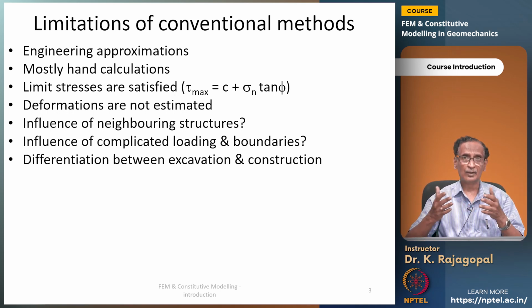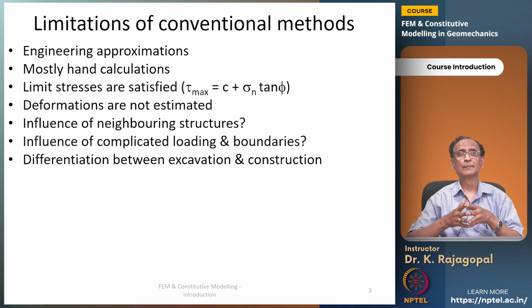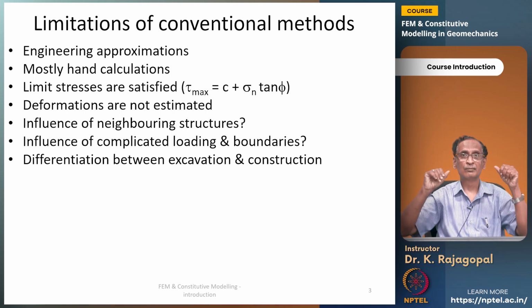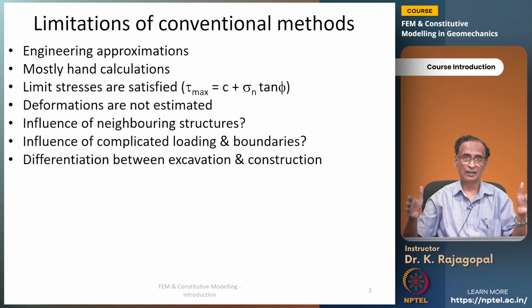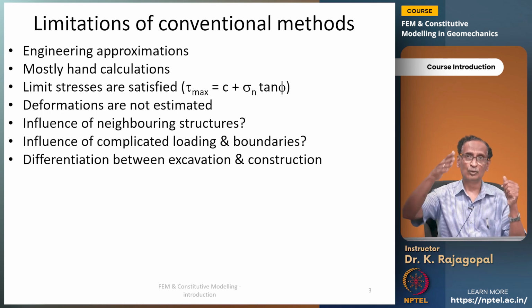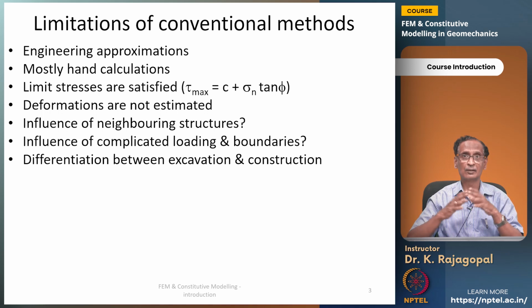And when we do these simple calculations, we will not be able to differentiate between the response that we get during excavation or construction. Like let us say you want to build a retaining wall or a slope, and we can build that slope by placing the soil and doing the compaction or doing the excavation of the existing soil.